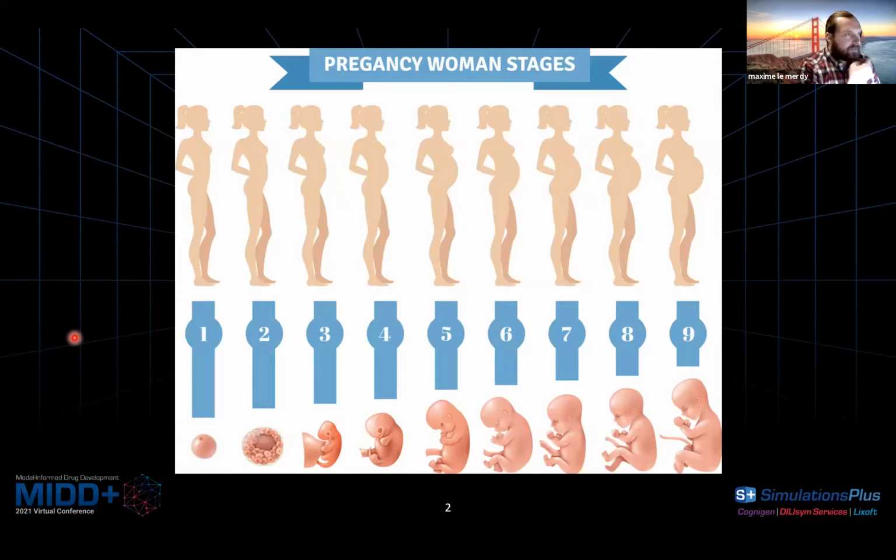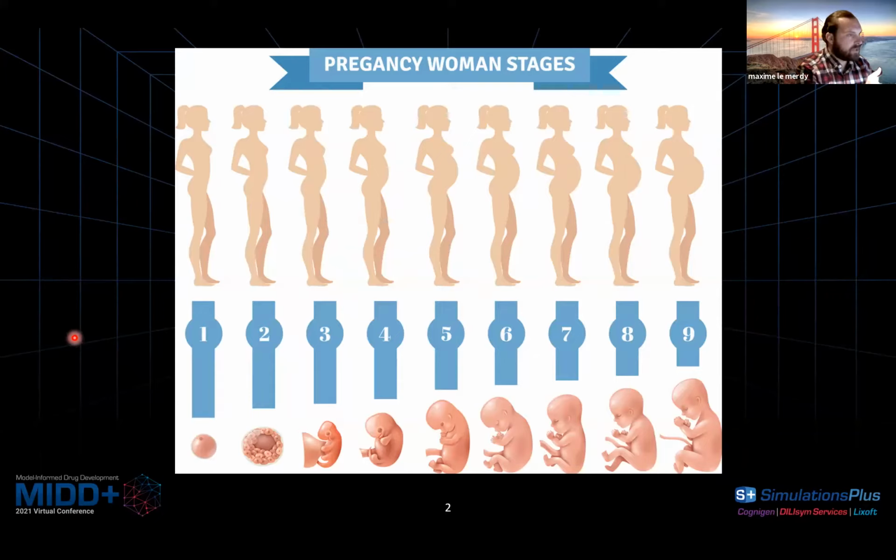As all of you know, pregnancy lasts for 9 months that can be redivided in 3 trimesters. And during those times, both the maternal physiology, but also the fetal physiology evolve quite a lot. From a healthy woman's body, you will have some tissue composition differences and evolution. The body weight would change.